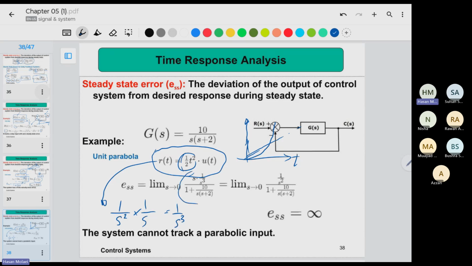Right? And then again, you put it into this. For the final value, you multiply by s, and then s goes to 0. And if you solve this equation this time, the limit will be infinity. So it means what?